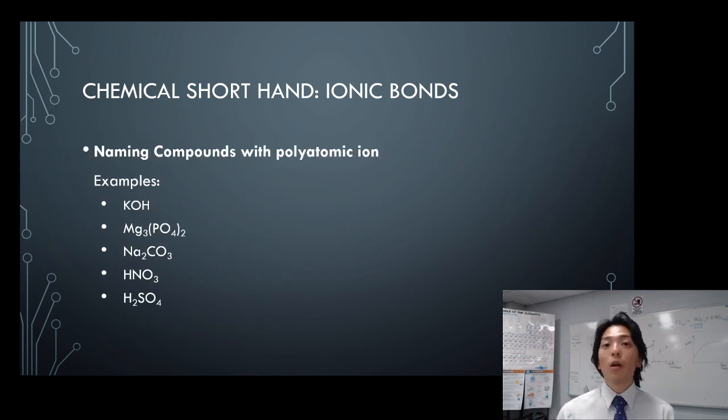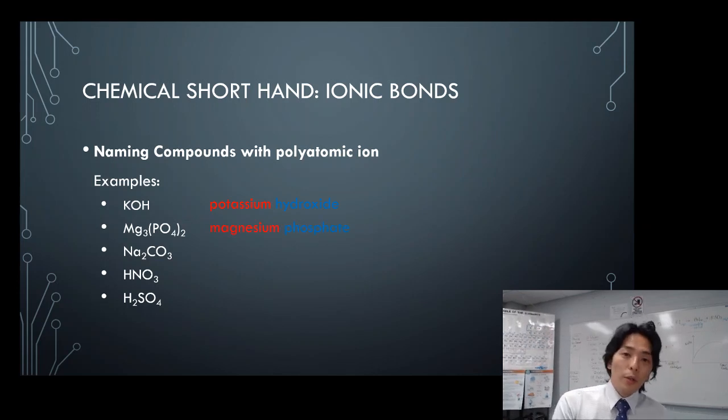Okay, so naming compounds that have polyatomic ions in them. What do you think? KOH would be potassium hydroxide, and Mg3(PO4)2. The numbers don't really matter. Mg is magnesium, PO4 is phosphate. Na2CO3 would be sodium carbonate.